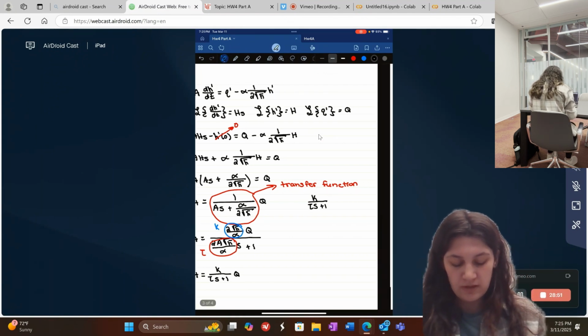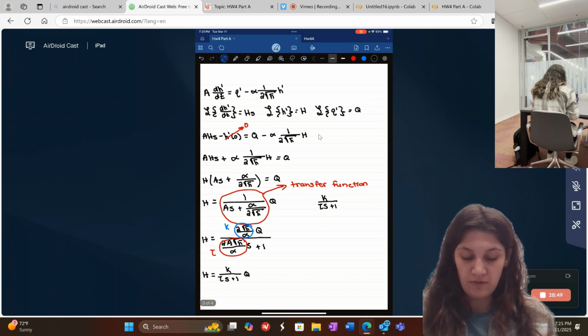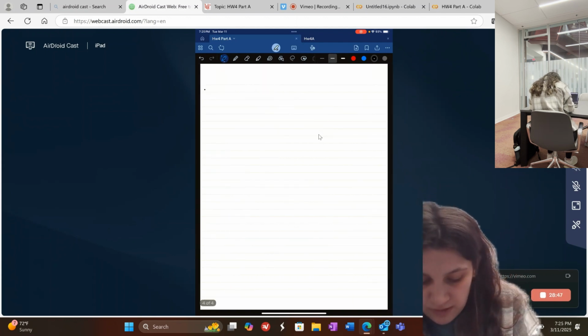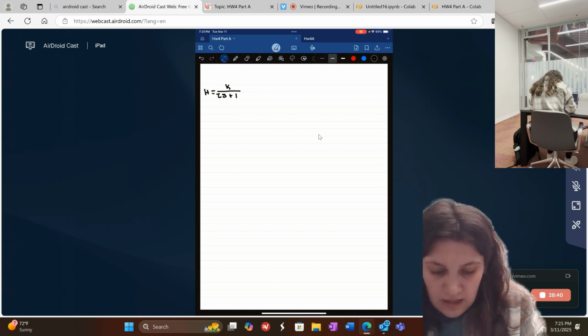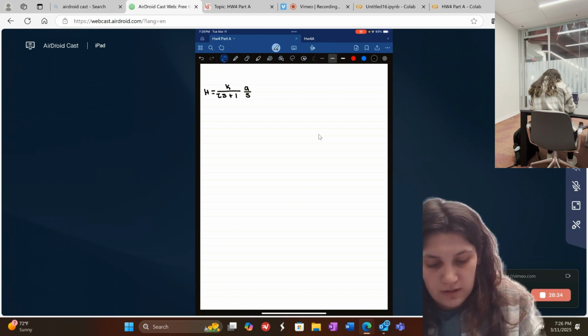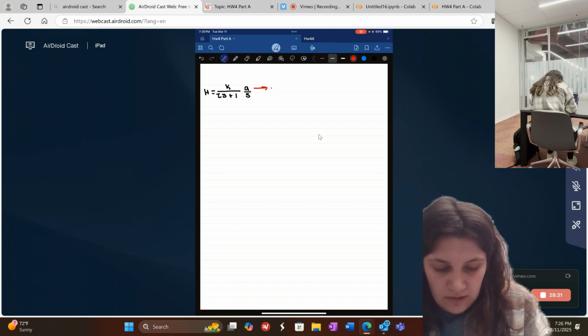But first, I'm going to do the Laplace of q to rewrite this equation as h is equal to K over (tau s plus 1) times q, which is the same as A over s. Now, A here is our magnitude of step.